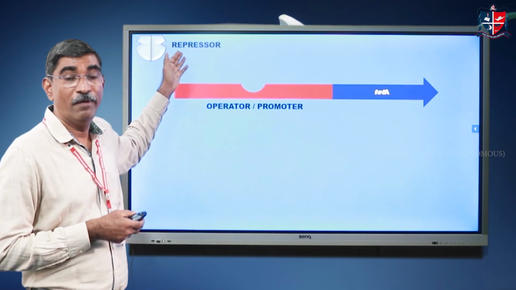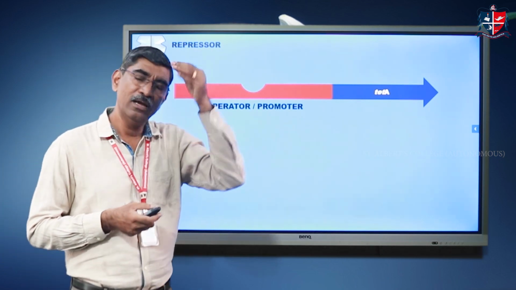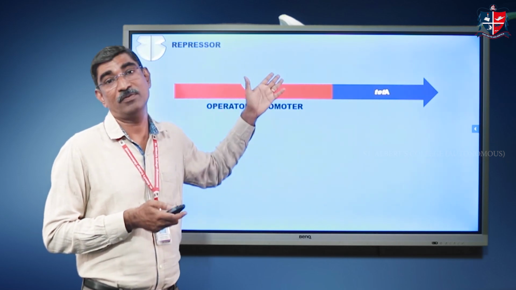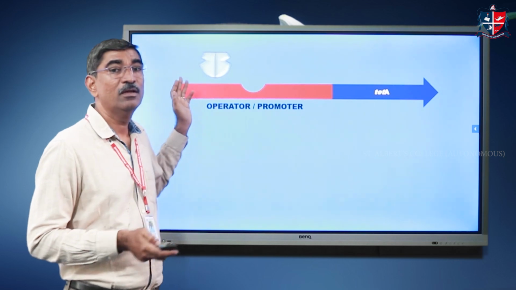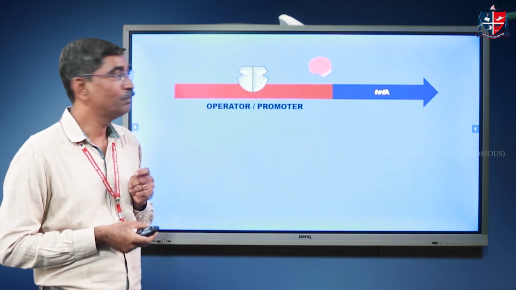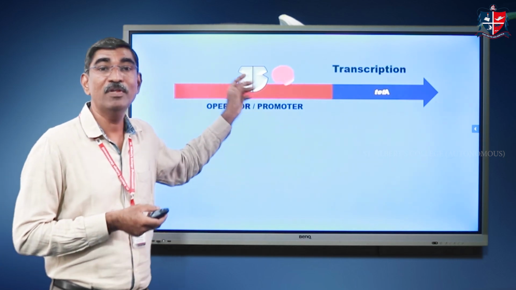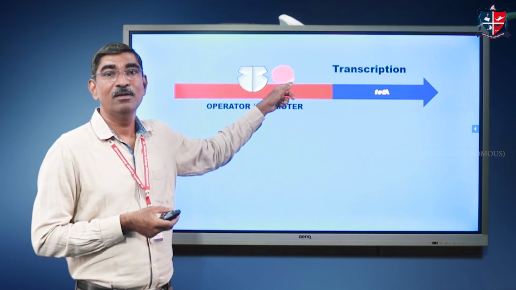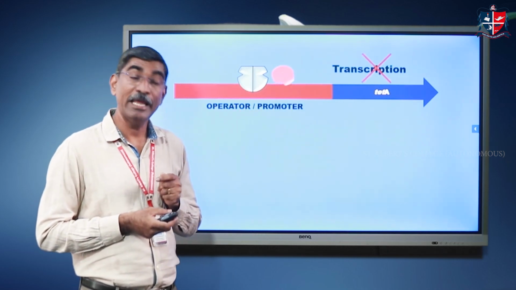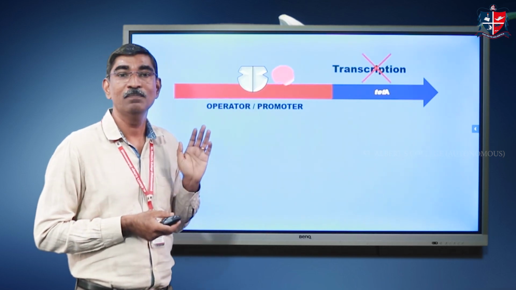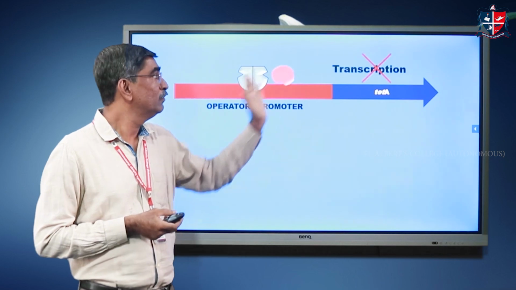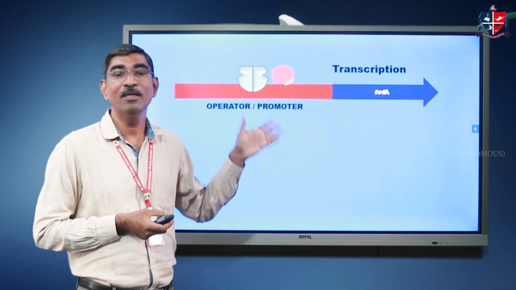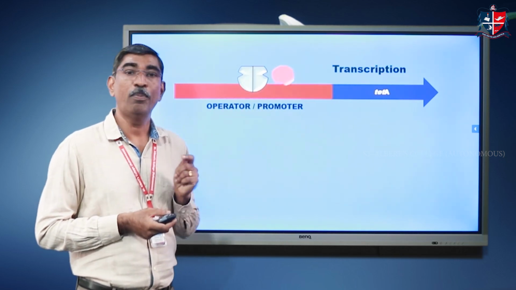Here you can see the repressor, and in the case of this operon, this tetracycline repressor binds with this operator, and when the repressor is associated with the operator, the RNA polymerase cannot bind with this promoter, and as a result, transcription of the downstream genes is inhibited. This is happening in the case of any operon.